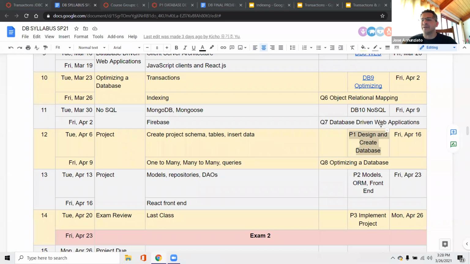Won't be due till the mid-April. But I'd like to encourage you to get started with that. Right? I want to encourage you to join a group and start working on a design and implementation of the database. So that's P1. We'll discuss that today.